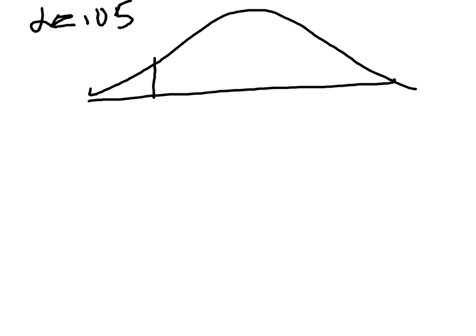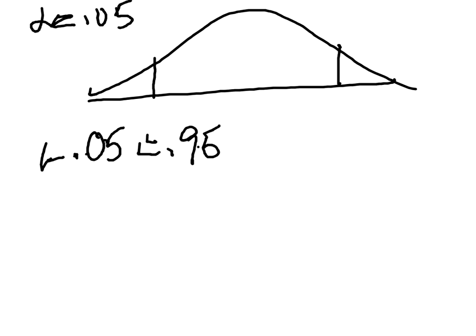Anyway, this is a good question because it forces us to review how we find the critical values. One way to start off would be to find the area in the non-critical region, which would be 0.95.